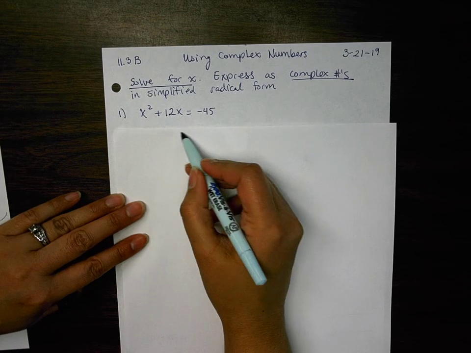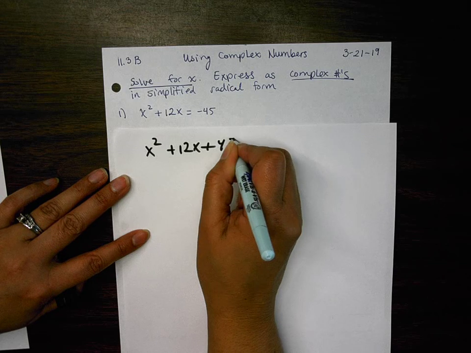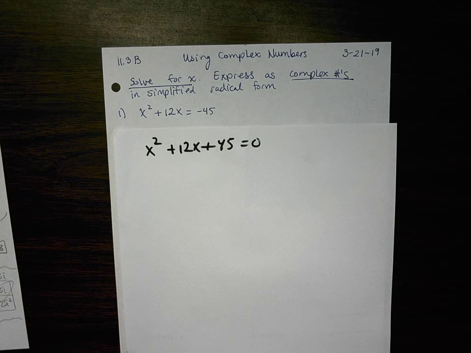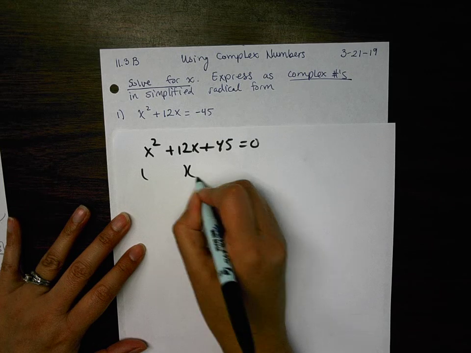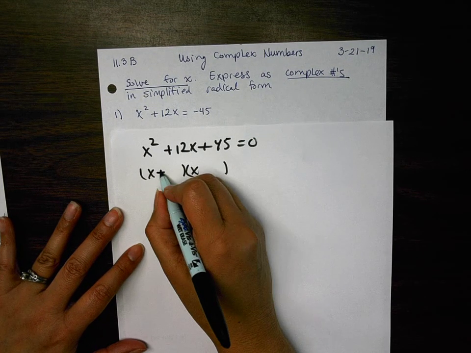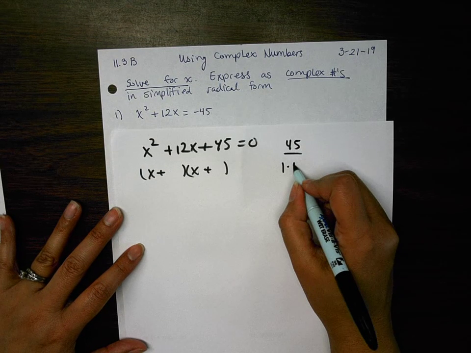If I were to move that 45 over, x squared plus 12x plus 45, would I be able to factor that? Would it be minus minus or plus plus? Plus plus. And what are my factors of 45? 1 and 45.